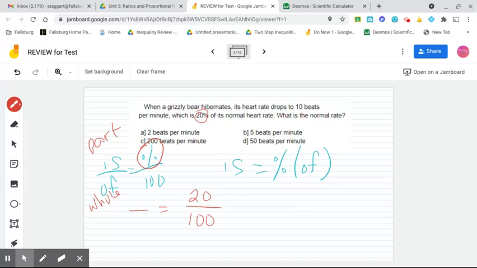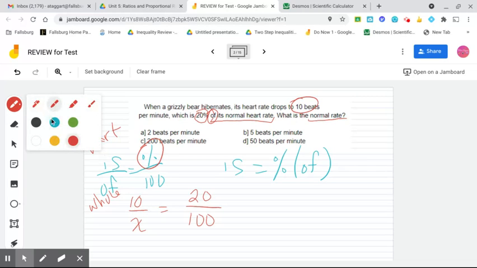You can think of it like that as well. But I do see which is 20% of its normal heart rate. What is the normal heart rate? That means we don't know what the normal heart rate is, and that's what of is. So I'm going to put an X in the denominator, which leaves 10 to be in the numerator.